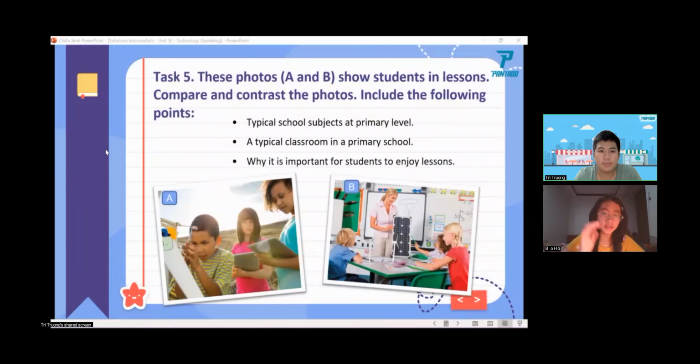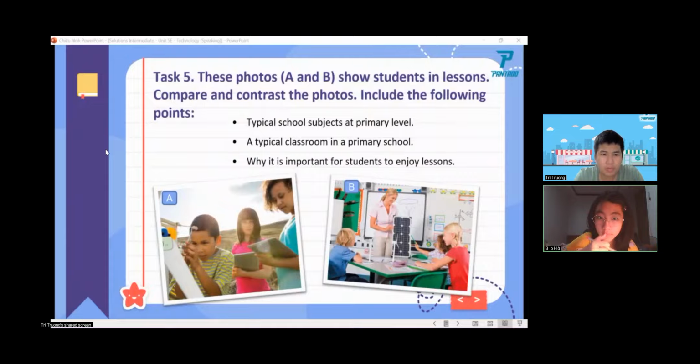In picture A, both in picture A and B, they're so exciting and concentrating students. But in picture A, two girls are like reviewing the boys' experiment.